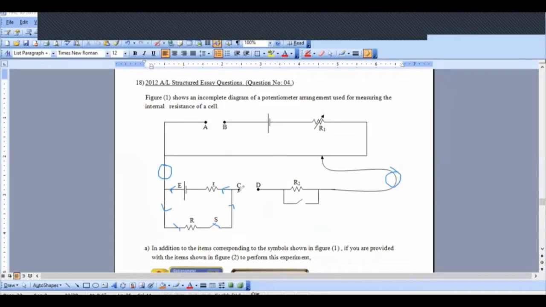Do you remember that I explained this theory part last week? So we should obtain two balance lengths. The first is when the switch S is kept open. The second is when the switch S is closed. So we have answered both simple A and B equations.